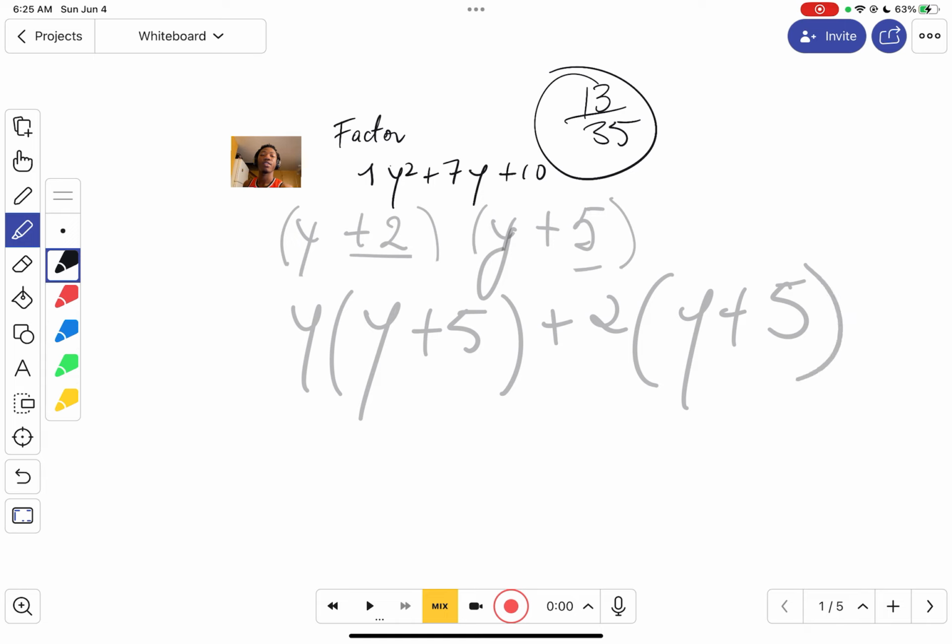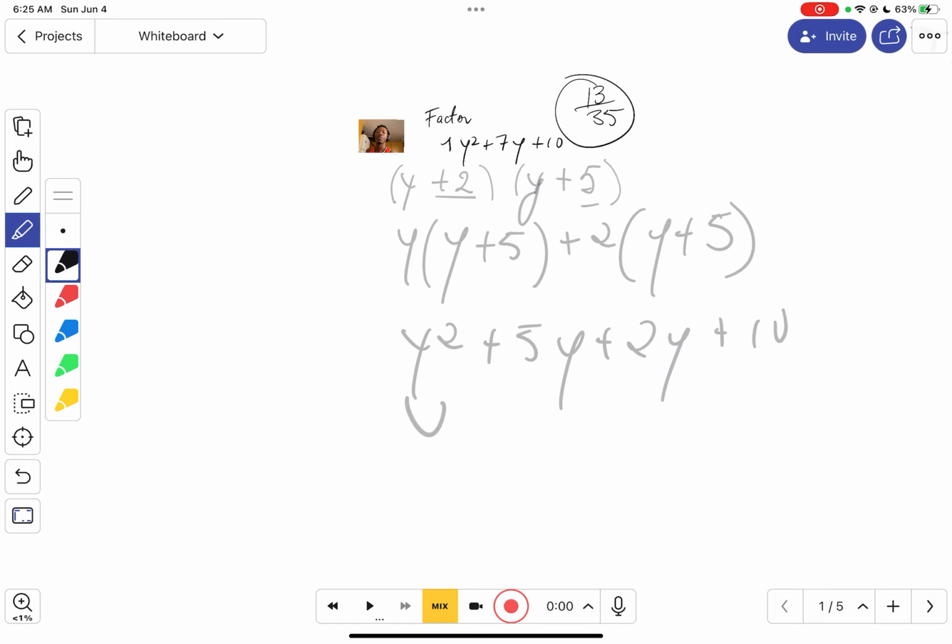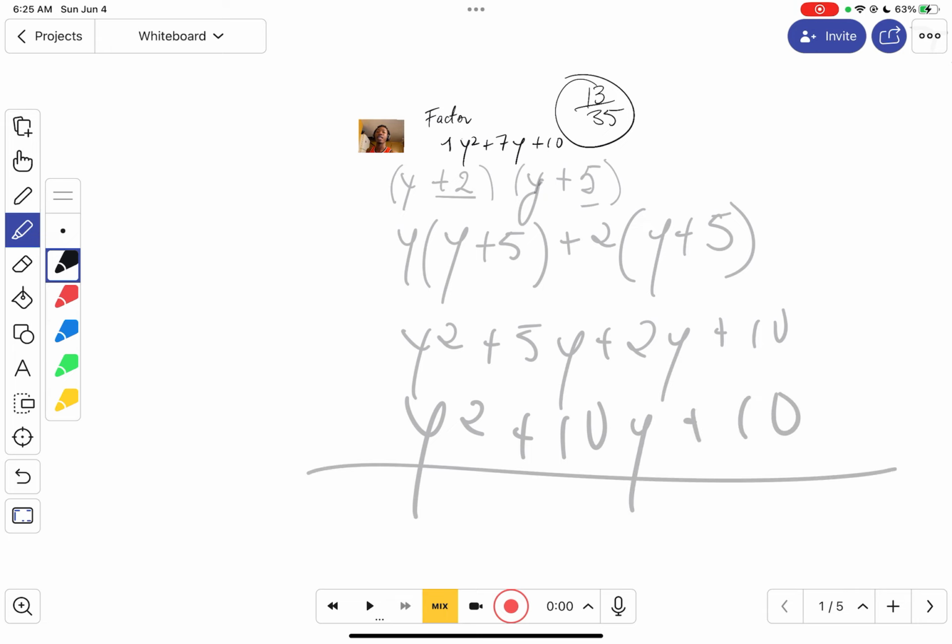You're verifying it. y squared plus 5y plus 2y plus 10, which is equal to y squared plus 10y plus 10. And this plus 7, sorry, that was a mistake, because 5 plus 2 is equal to 7, not 10.